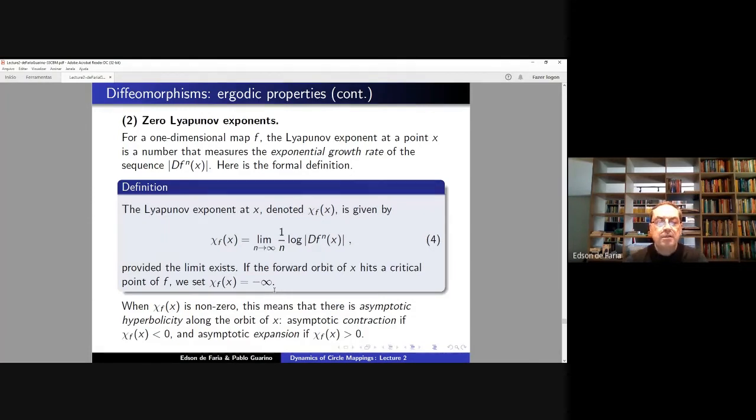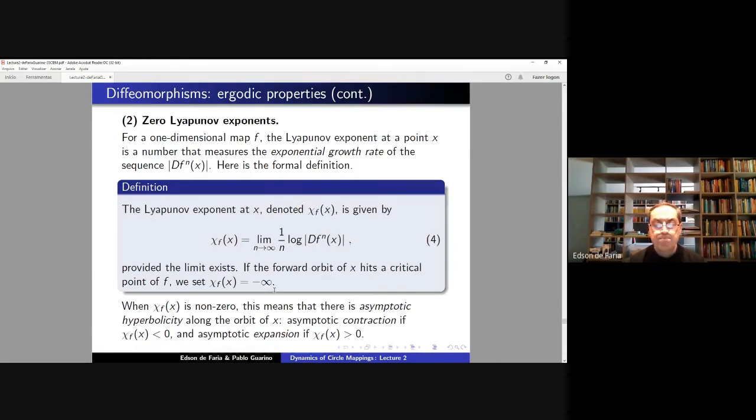But when the Lyapunov exponent is non-zero, this points to a certain hyperbolicity of your map, in fact, asymptotic hyperbolicity. So you have an asymptotic contraction if the Lyapunov exponent is negative, and asymptotic expansion if it's positive.